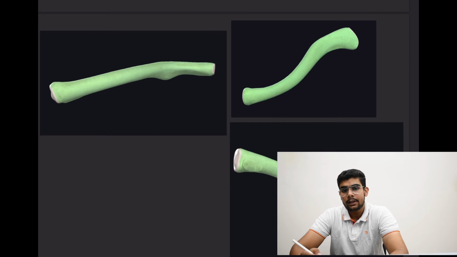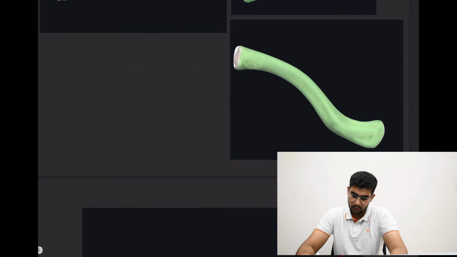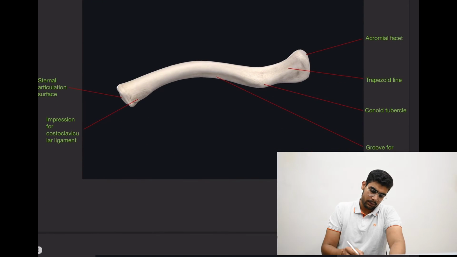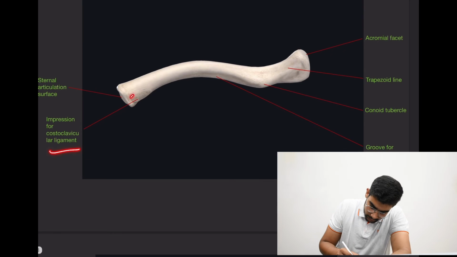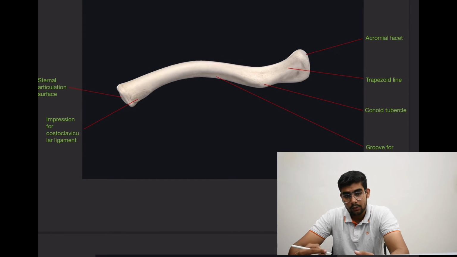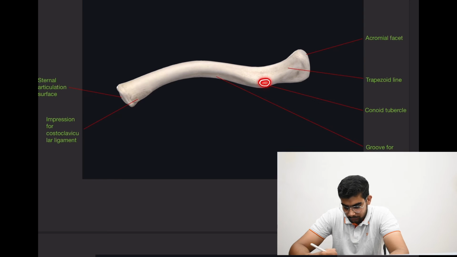One more important thing to remember is the structures of the shaft. One of the most important structures is the impression for the costoclavicular ligament. This. It also consists of the groove of the subclavius muscle here, the conoid tubercle and the trapezoid line.